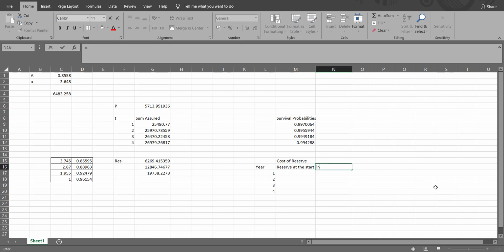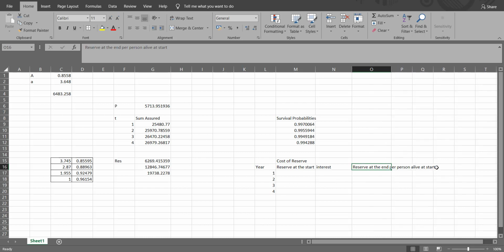You add your interest, and you have your reserve at the end per person alive at start.